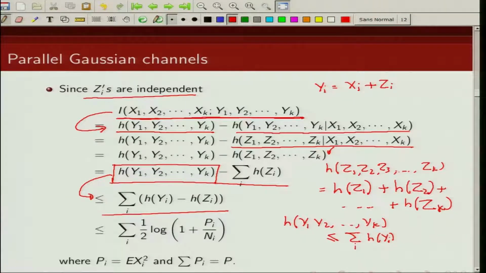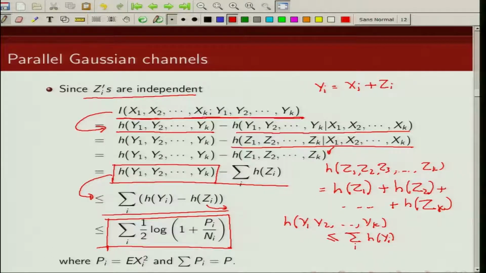Now this can be upper bounded by, since the differential entropy of zi is basically half log 2 pi e times N, which is the noise variance, and the differential entropy of yi can be upper bounded by the differential entropy of a Gaussian distributed random variable with variance given by P. If you plug that value in here, we can write that the mutual information can be upper bounded by this term.